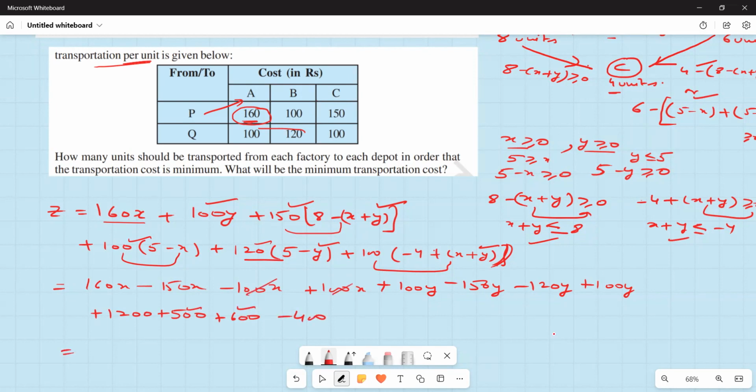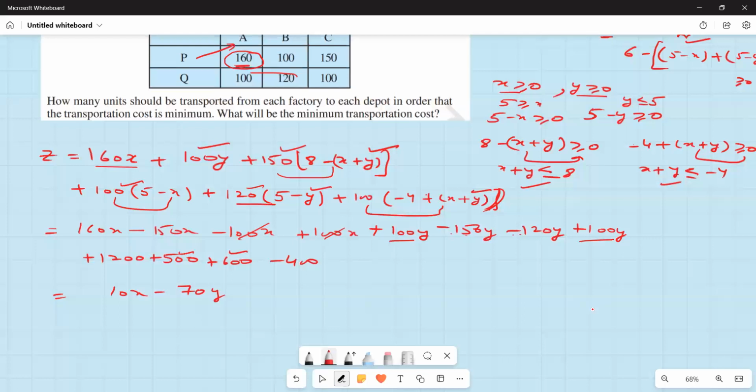So this is 160 minus 150, 10x. Here 200 minus 270 is minus 70y, and the constant term is 12 plus 5, 17, 17 plus 6, 23, 23 minus 4, 19. So that is your z function, right?